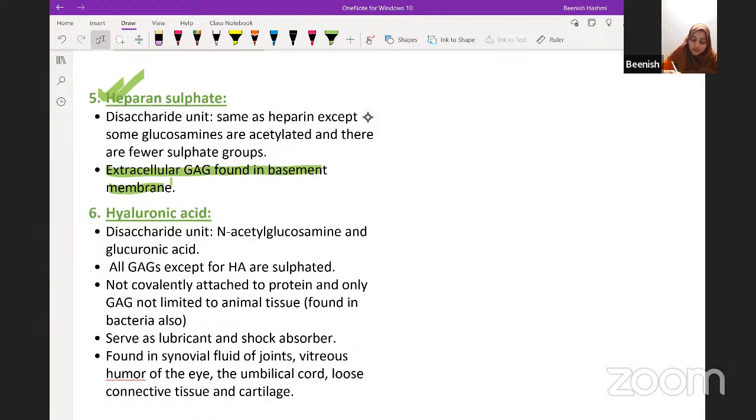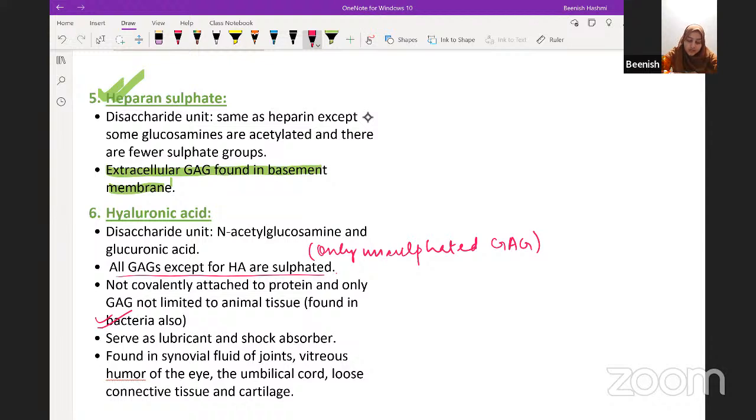Okay, now this is very important. It is not covalently attached to protein and is the only GAG not limited to animal tissue. So it is also found in bacteria.